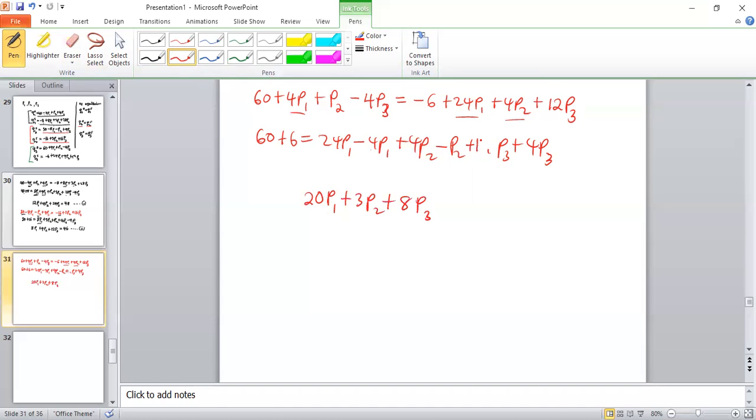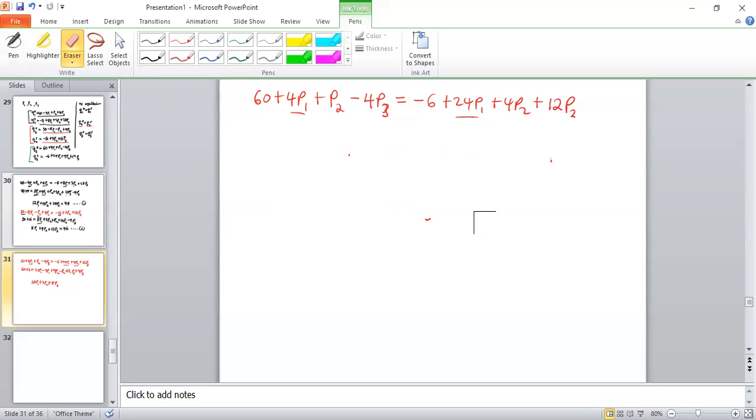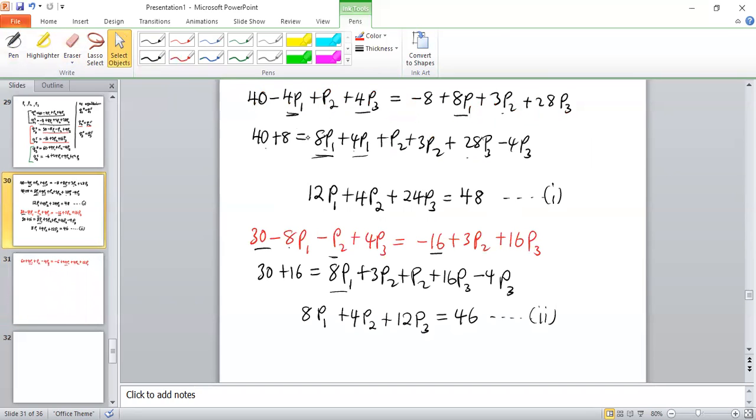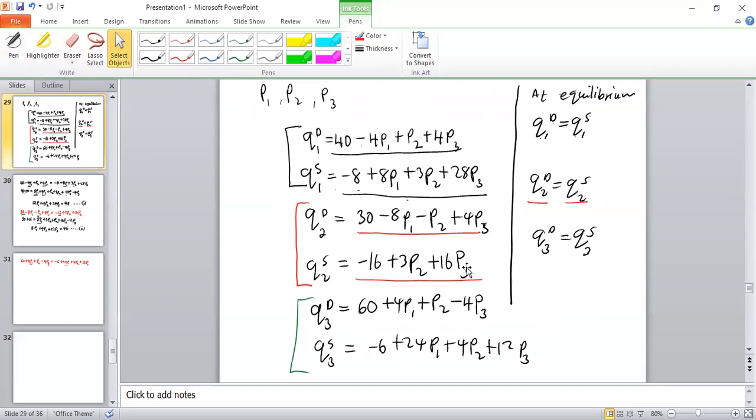Yes, that's me. I think we made a mistake again on the first equation that we made for QD1 and QS1. What do you mean, young man? You are saying I made a mistake here on the first equation. Yes, when you're arranging, you can go back to the solutions.